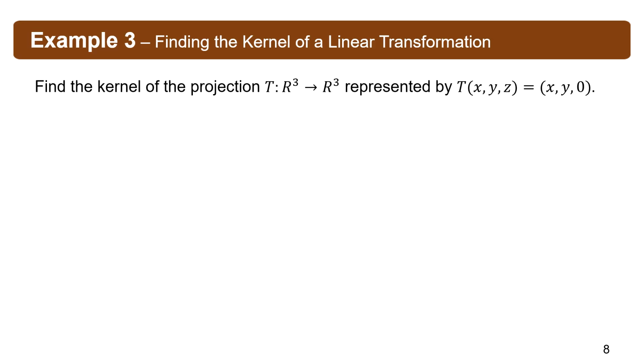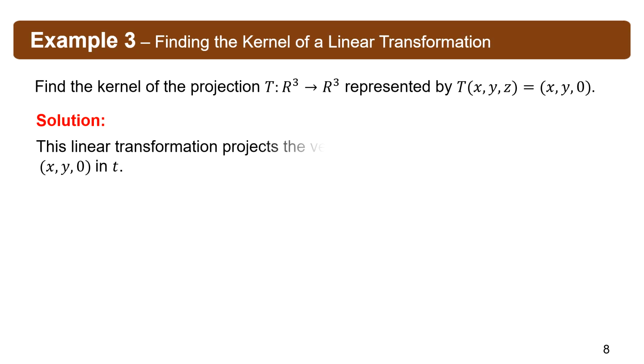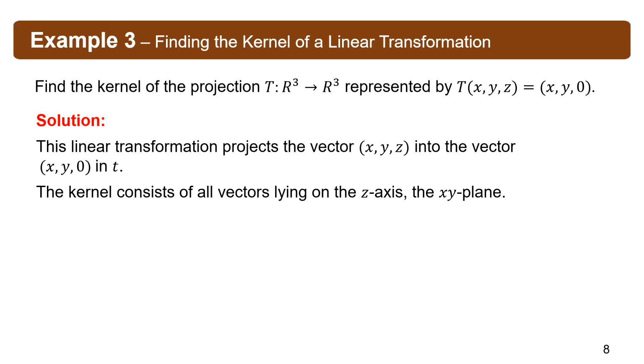Okay. Find the kernel of the projection from R cubed to R cubed, represented by T of (x, y, z) equal to (x, y, 0). So the linear transformation projects (x, y, z) into the vector (x, y, 0).